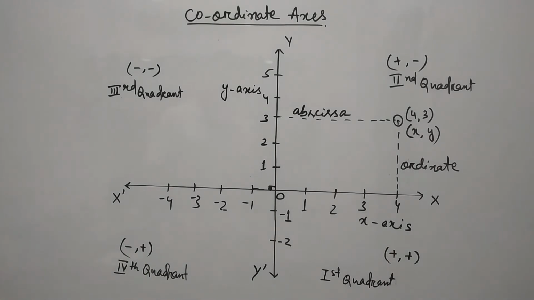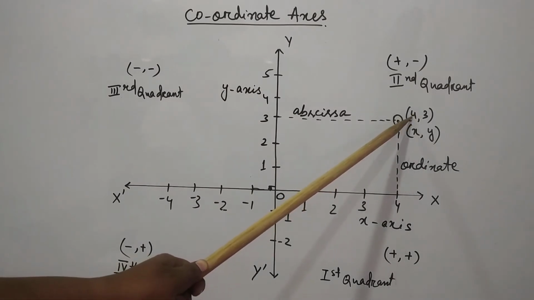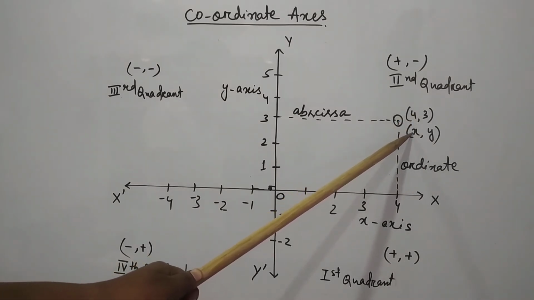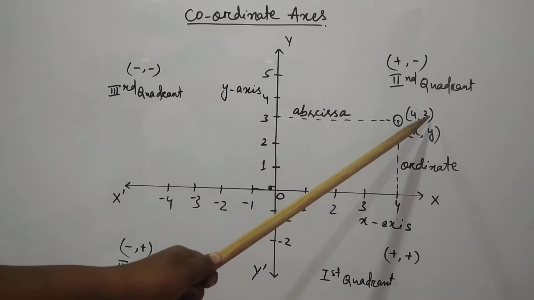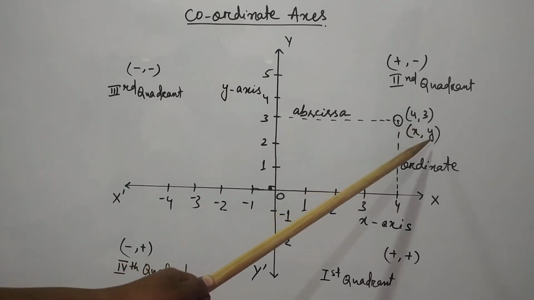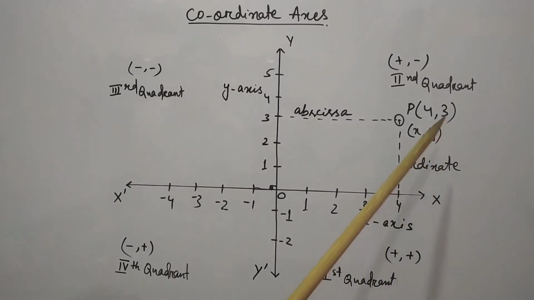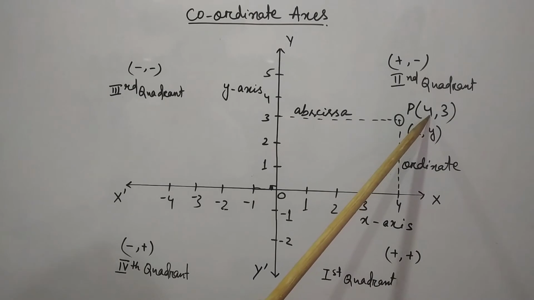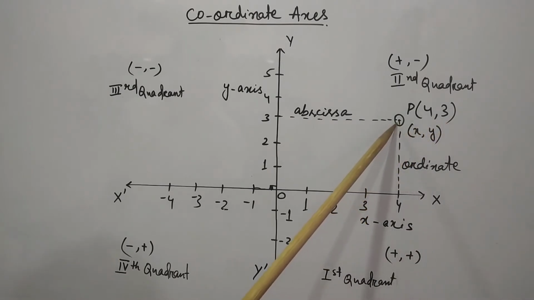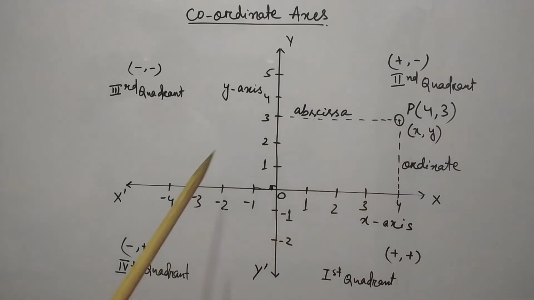The first one, 4, represents the number on the x-axis, and the second one, 3, represents the number on the y-axis. And this pair of numbers 4 and 3 represents the point P on the plane.